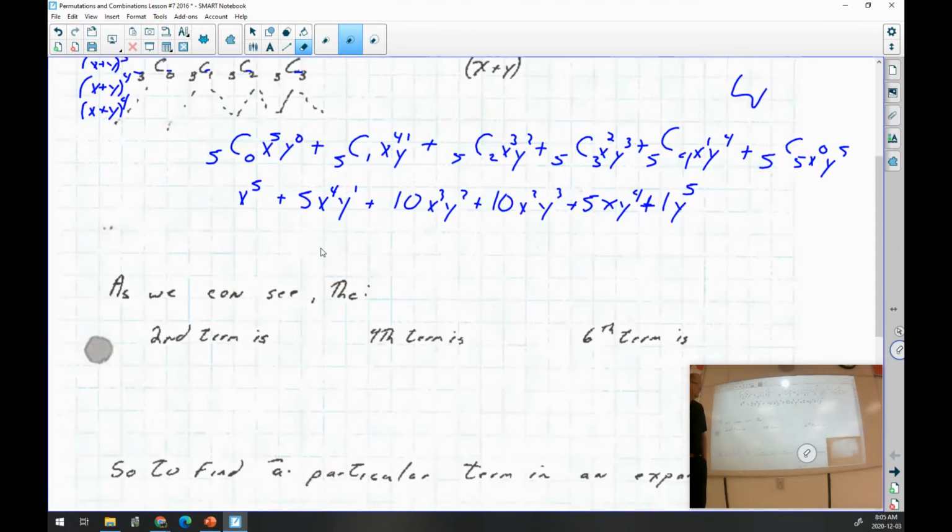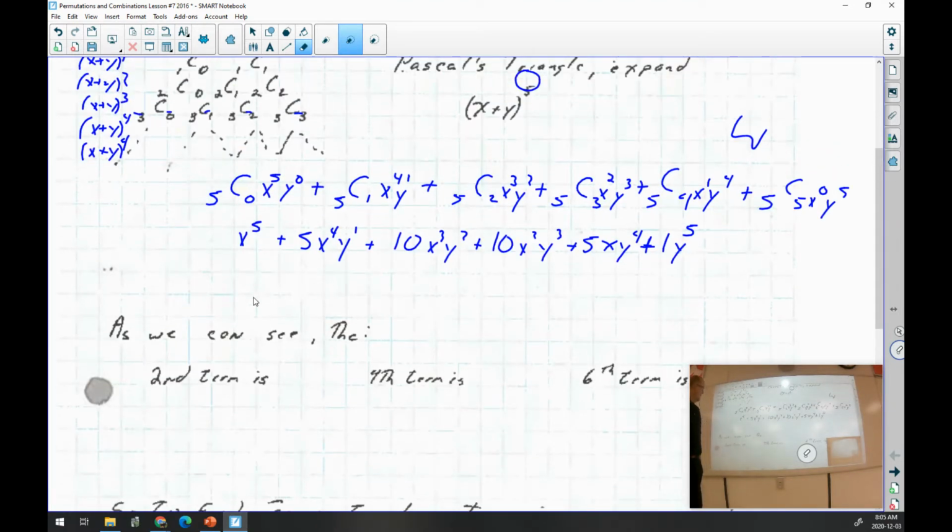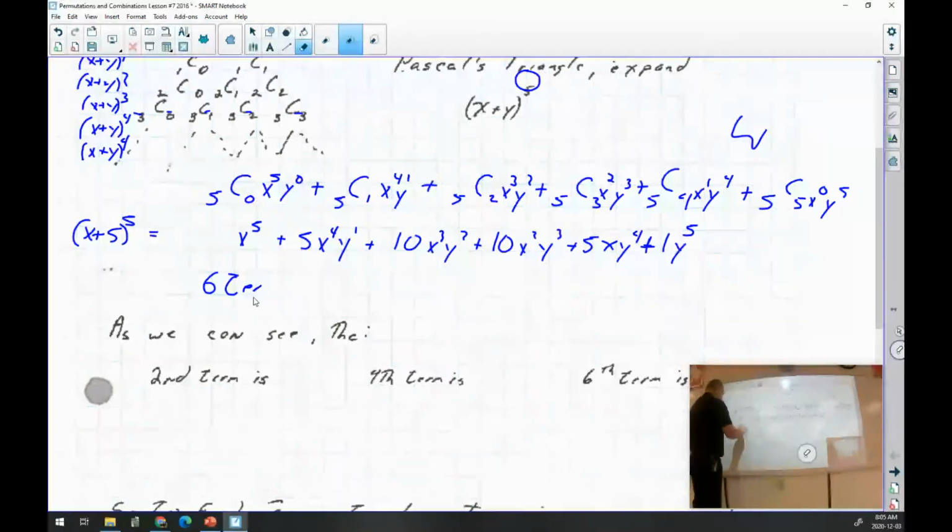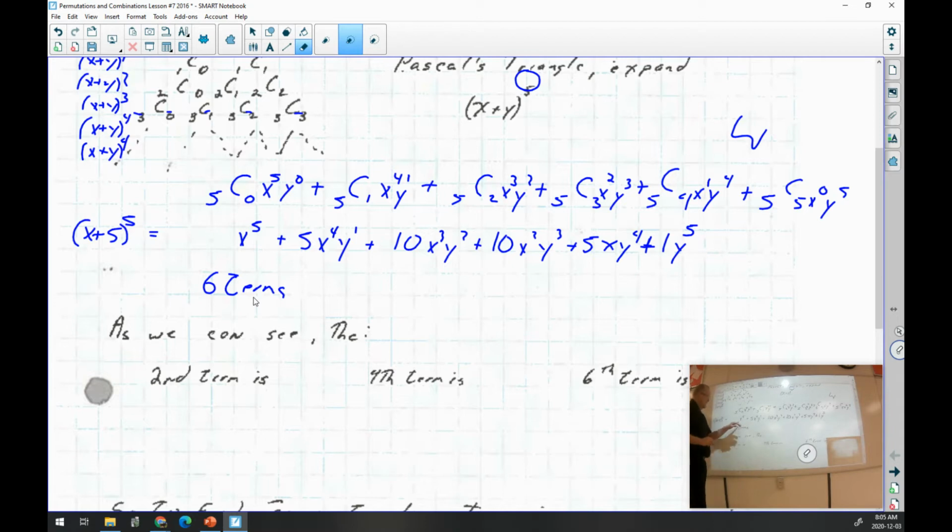Now, notice again that this is (x + y) to the power of 5. There are 6 terms, because we started with x to the 5th and end up with x to the 0, or started with y to the 0 and end up with y to the 5th.